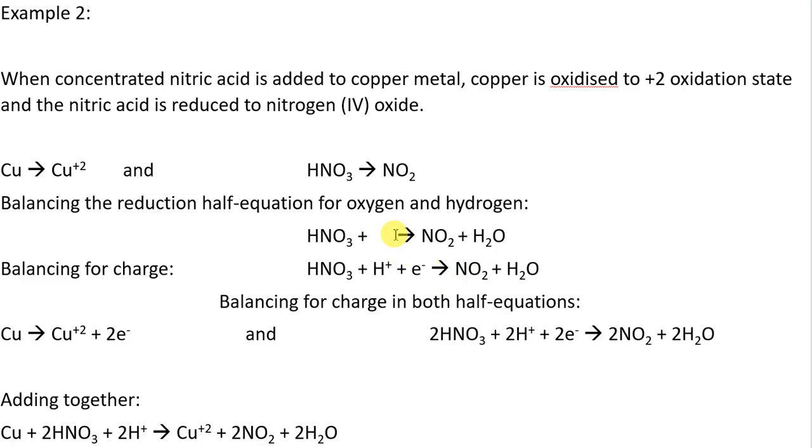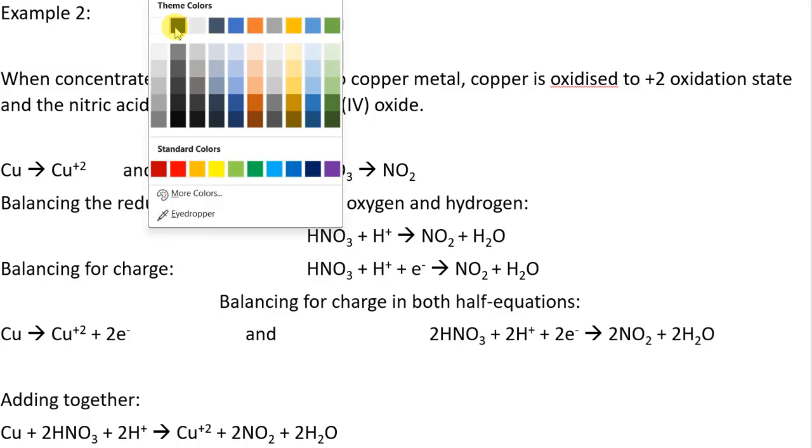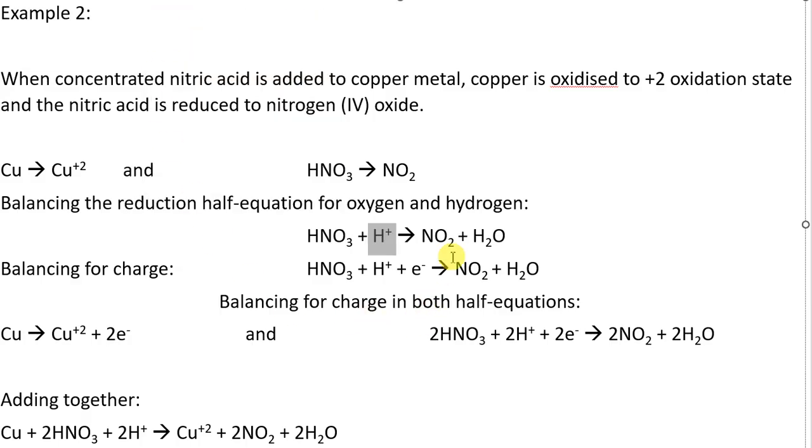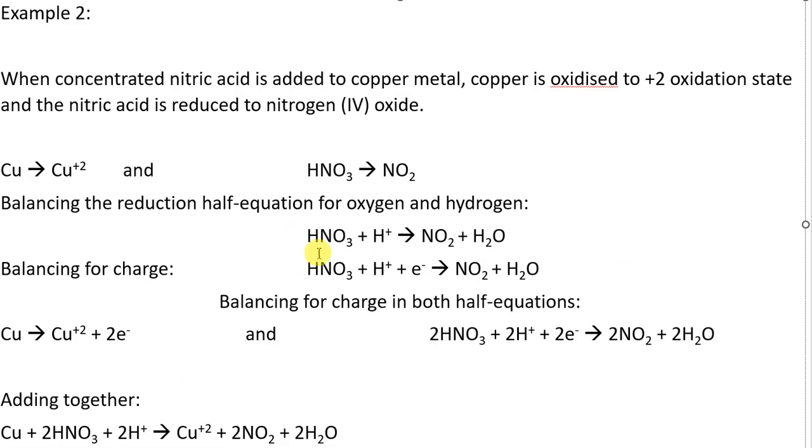H2O, 2. What I need to do is to add my other hydrogen ion here. Now looking at that, I've got a total of plus 1 charge on the left, 0 on the right. That's because an electron must have been added to this reduction half equation.